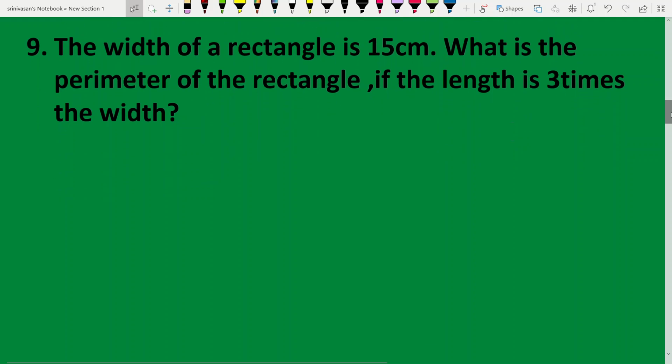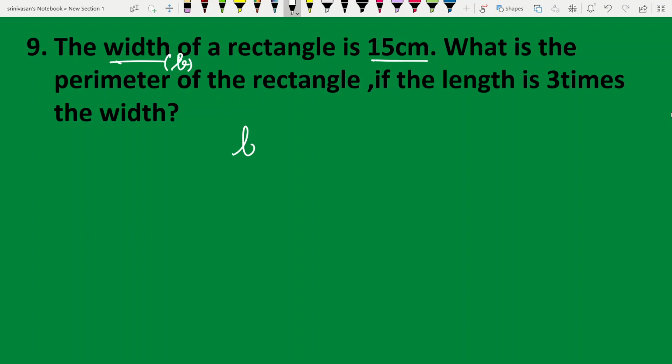First we will read the question. The width of a rectangle is 15 centimeter. What is width? Width is nothing but a breadth. So breadth is given 15 centimeter. What is the perimeter of a rectangle?